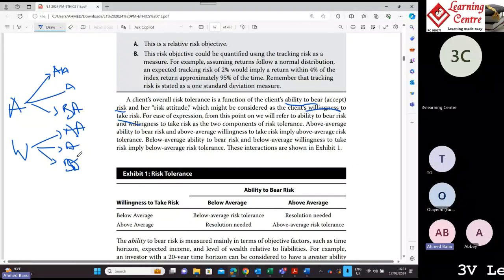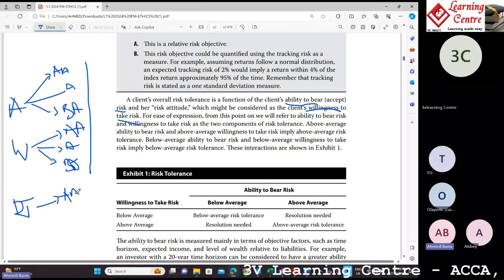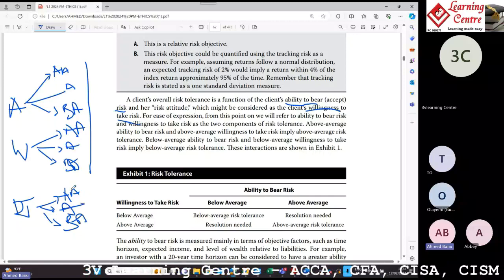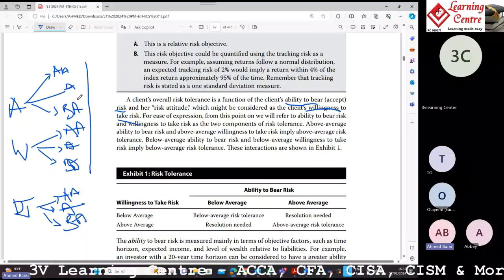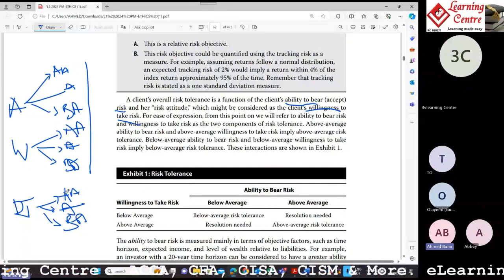Whatever you score on these would flow into your risk tolerance, which can also be above average, average, or below average. We really don't talk about the averages, to be honest. We focus more on above average and below average.